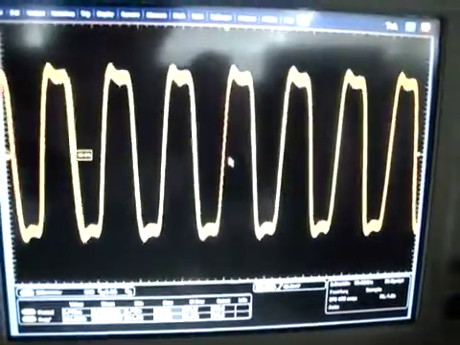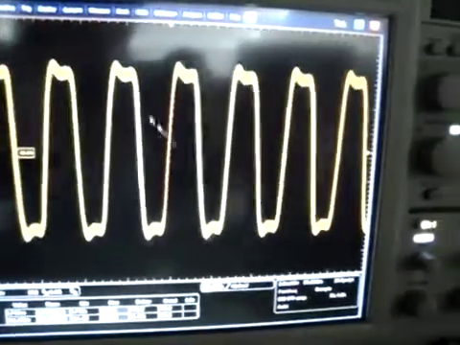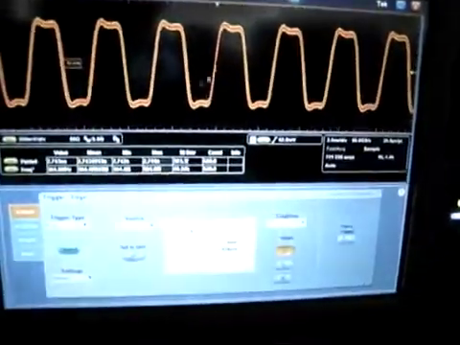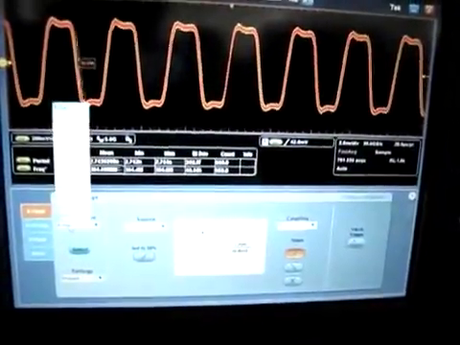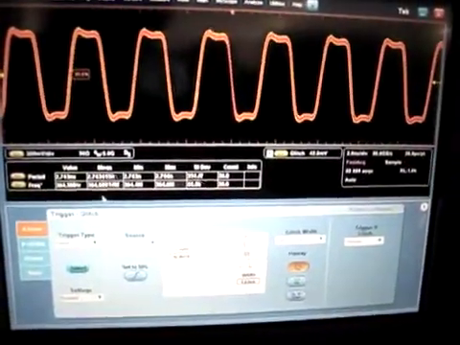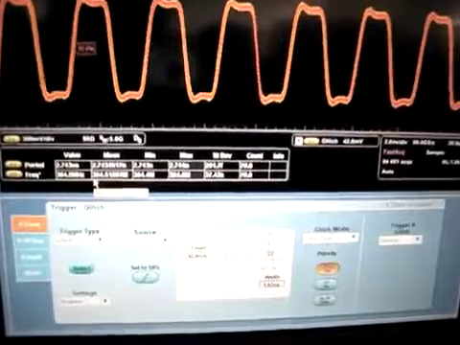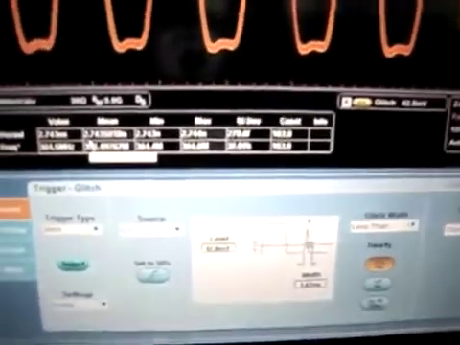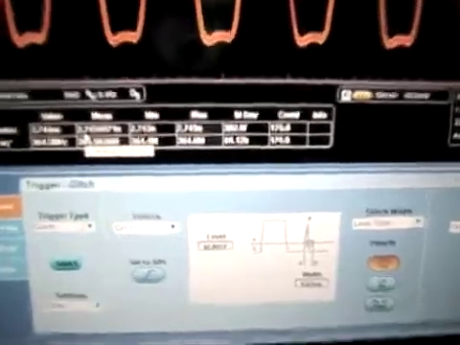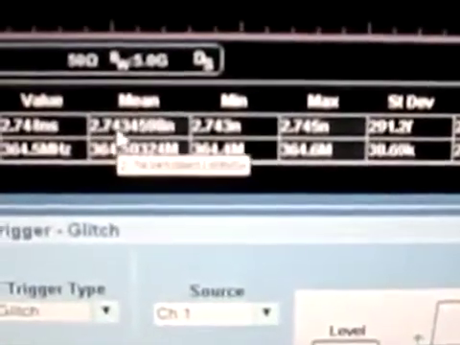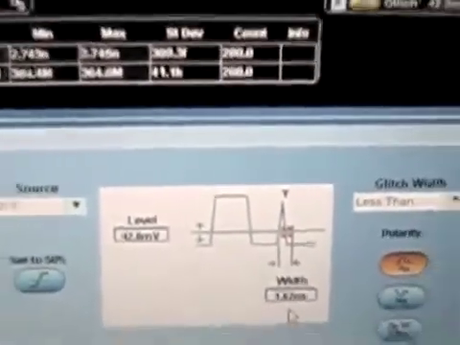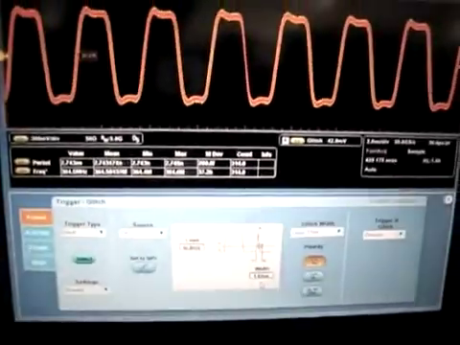So I'm going to use the advanced trigger function. Let's go to the trigger, and I'm going to use a glitch trigger to trigger on this kind of timing distortion. So I switch from the A trigger to the glitch trigger, and because the frequency is 364 megahertz, the period of one cycle is 2.7 nanoseconds. So half of the clock period is around 1.35 nanoseconds, right?